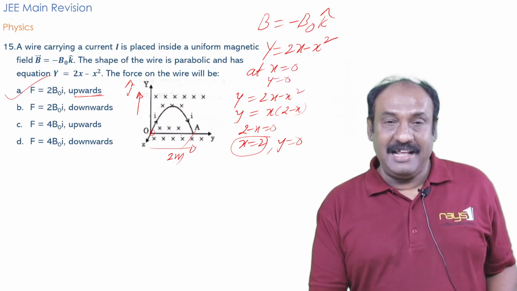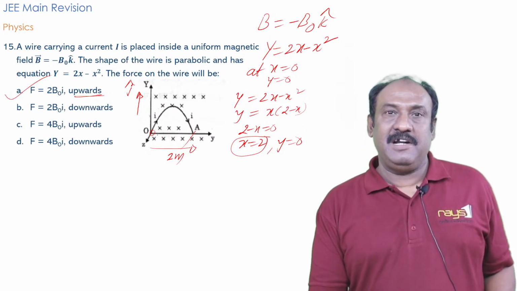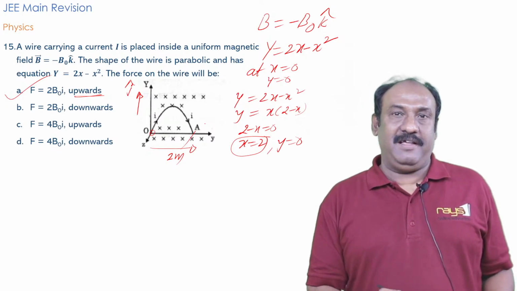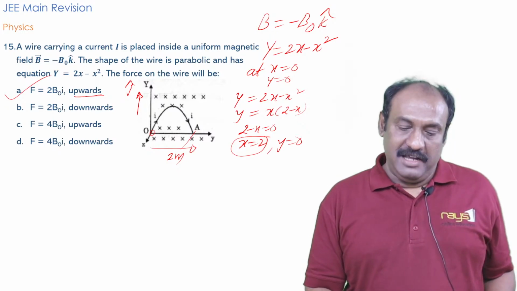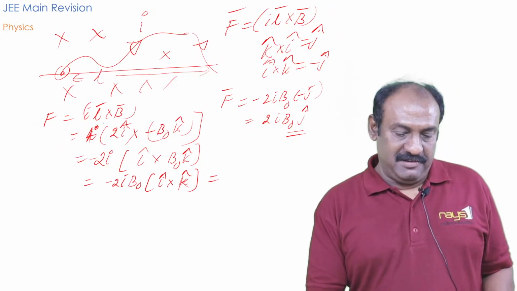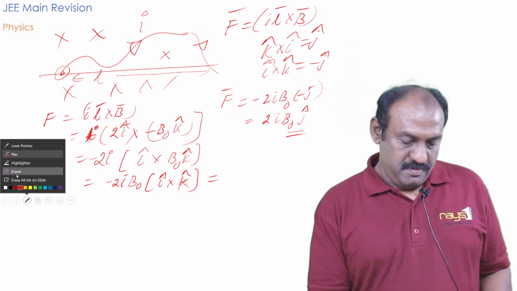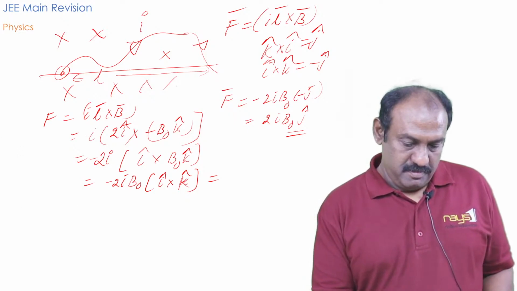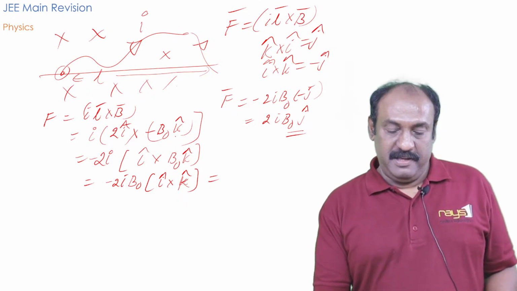That means the length of the conductor, the shortest distance between the initial and final edges of the conductor kept in the uniform magnetic field, is L bar. So I into L bar is 2I bar. Therefore, after calculation, we get I into 2I cap cross minus B naught into K cap.